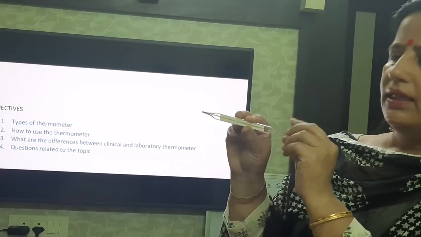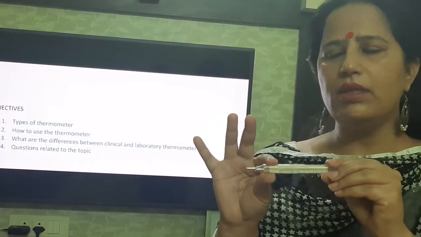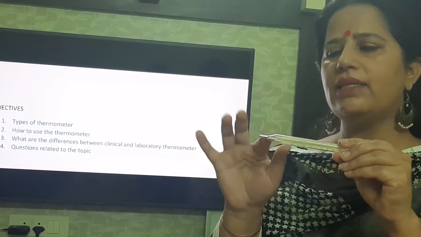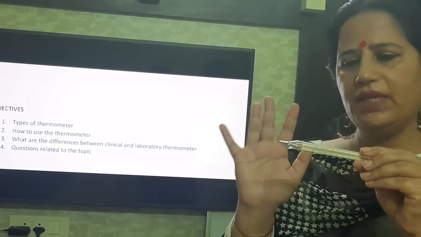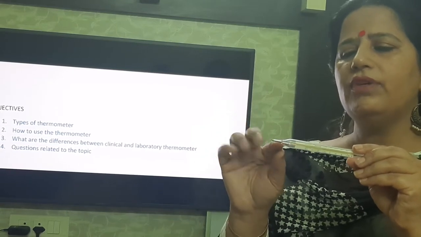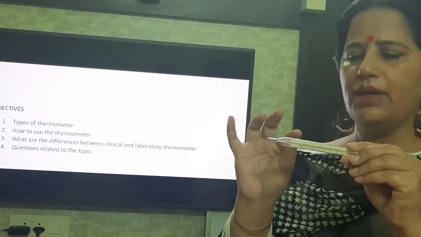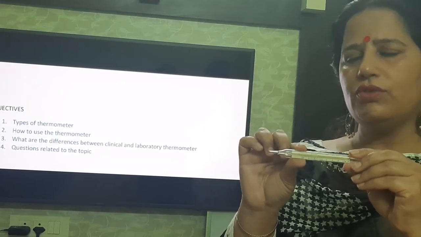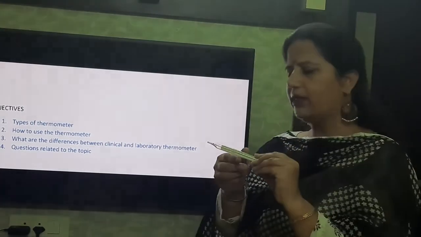But now we are replacing this thermometer somewhere because it consists of mercury. That's why it can be poisonous for the patient or the worker if this bulb breaks and mercury spills out. Okay. So we can also use some other type of thermometer, that is digital thermometer.